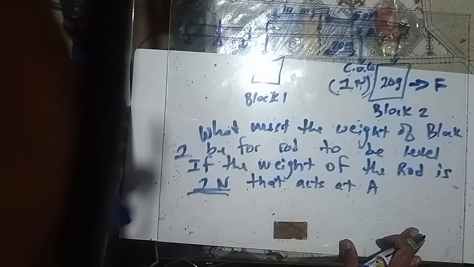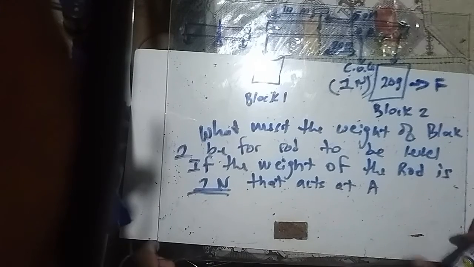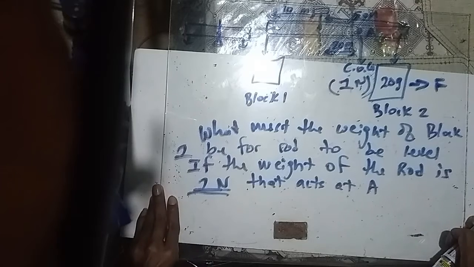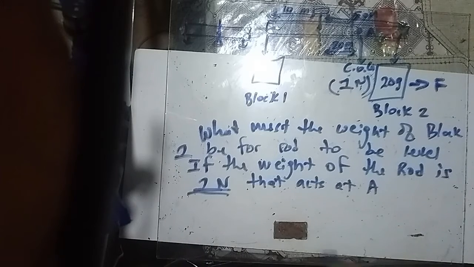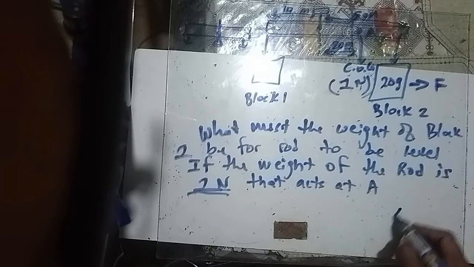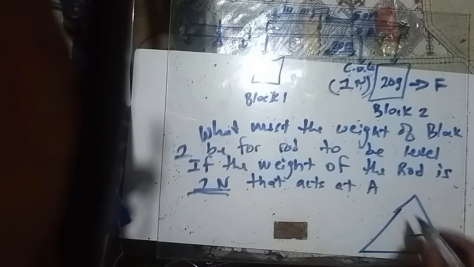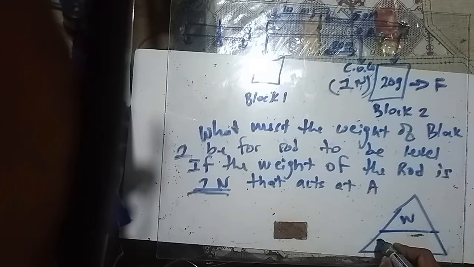How do you take mass and move to force? Can it be done? Yes, it can be done. So let's see. First things first, let us put down the weight triangle. We know that weight is equal to mass in kilogram times gravity, which is 10 Newton per kilogram.